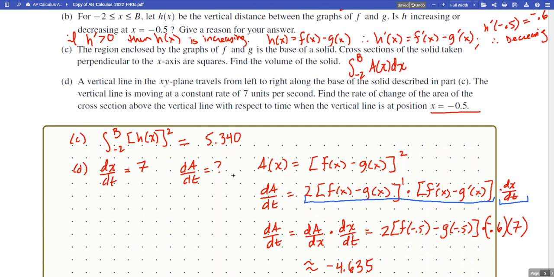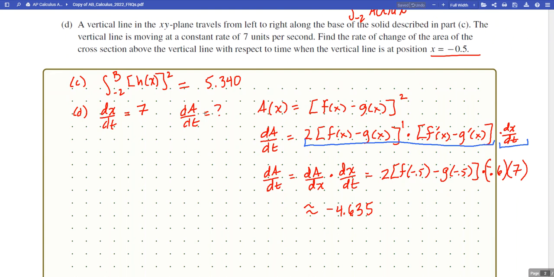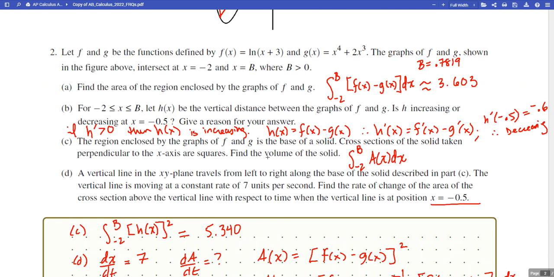So those are the solution approaches. Now let's go ahead and talk about what would be the marks associated with these. So let's see if we can figure these out. Find the area enclosed: I imagine that we have a setup and an answer for this one.